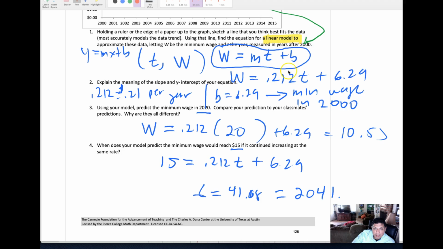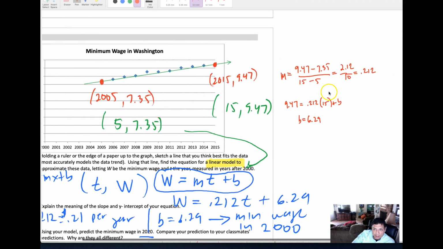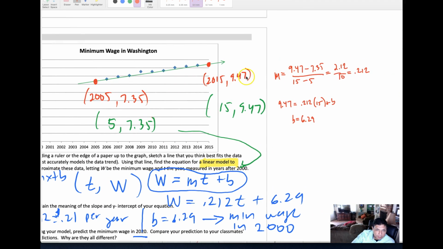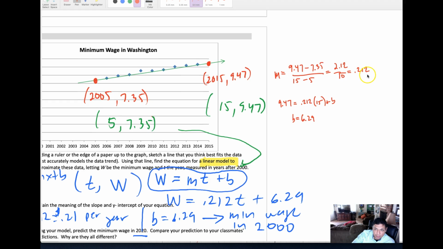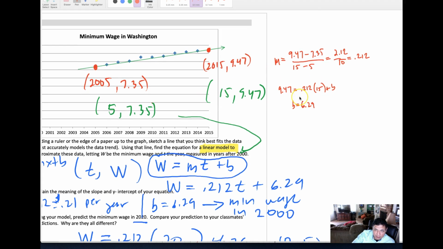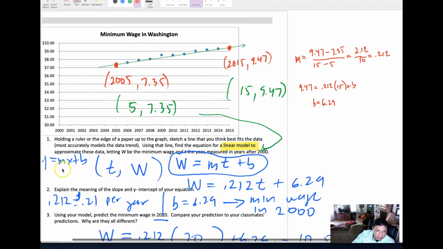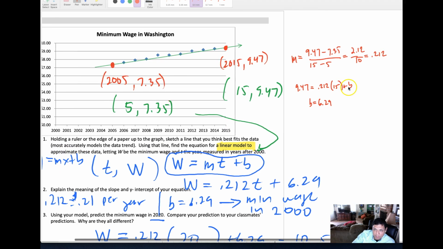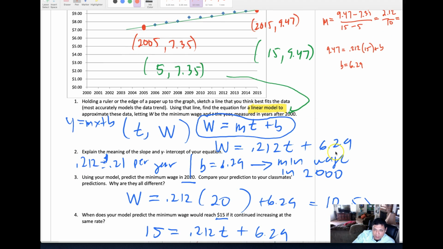To find the slope between these 2 points, you get 0.212. To solve for the y-intercept, you would substitute one of these points into the y equals mx plus b equation, solving for b, and so you would end up with 629. So that's where this equation comes from.